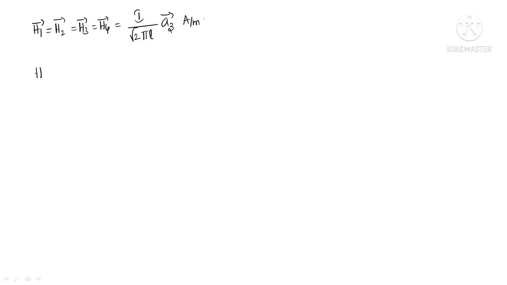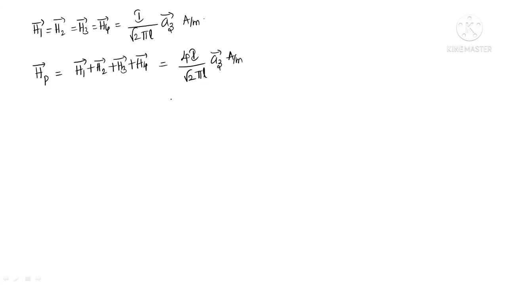Now what is the magnetic field intensity at the point P, H suffix P bar? It is the summation of all four, H1 bar, H2 bar, H3 bar and H4 bar, and as all are the same, you will get this as 4I by root 2 times pi L AZ bar ampere per meter.